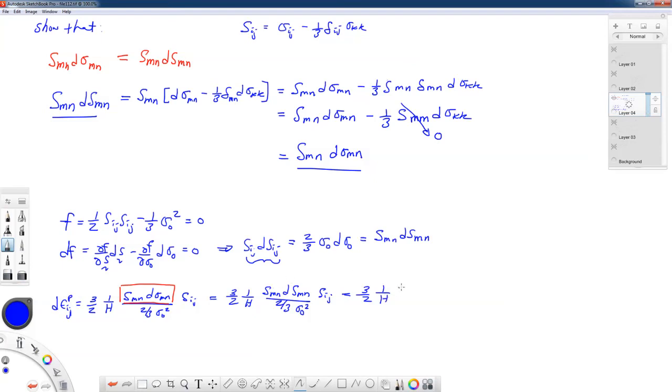This summation is equal to 2/3 sigma naught d sigma naught divided by 2/3 sigma naught squared Sij. Of course, now we can get some things to cancel out: three halves 1/h d sigma naught over sigma naught times Sij.